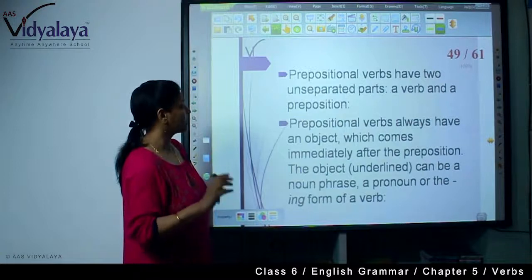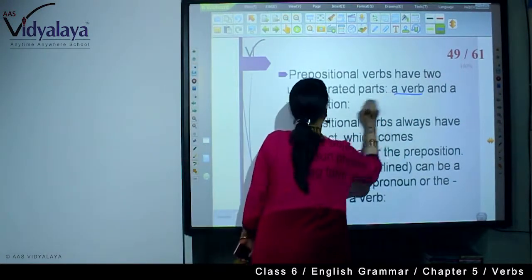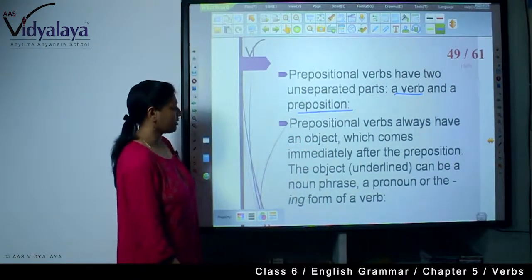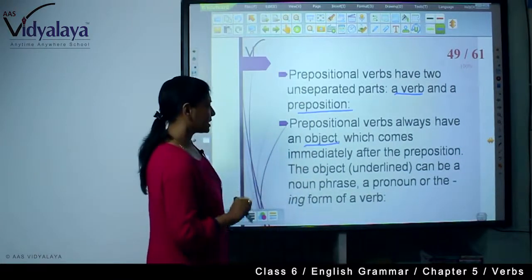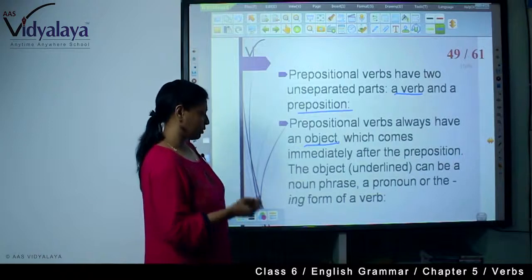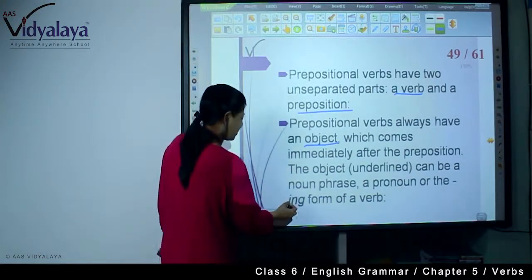Prepositional verbs have 2 unseparated parts, a verb and a preposition. Now prepositional verbs always have an object which comes immediately after the preposition. The object can be a noun phrase, a pronoun, or the ing form of a verb.